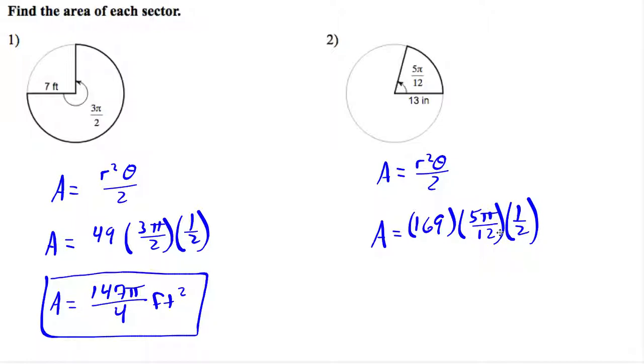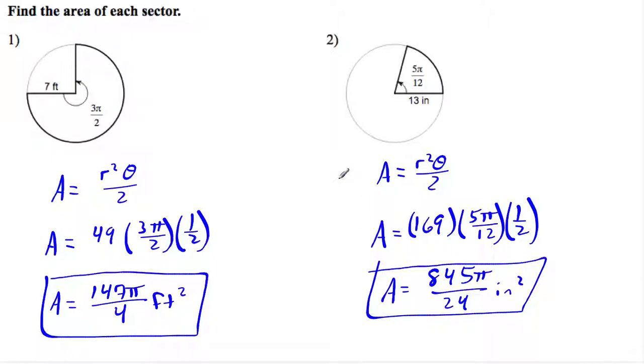So 169 and 24 don't have any common factors, so we just get 5 times 169, which gives us 845 pi over 24. The unit here is inches, so yet again we have inches squared because we are talking about area. And so that's it.